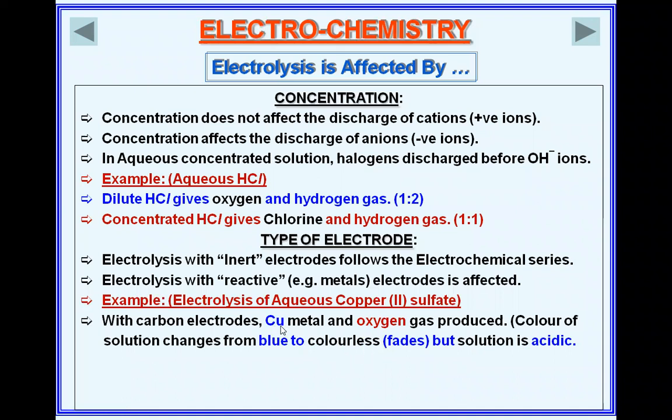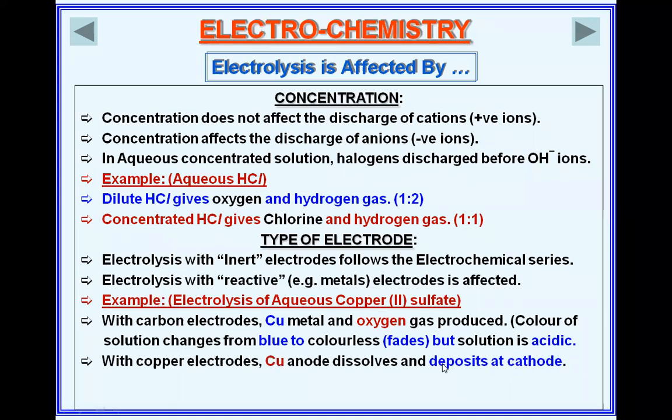But the solution remains acidic because the remaining hydrogen ions and sulfate ions combine to produce an acidic solution, and this acidic solution turns blue litmus red.